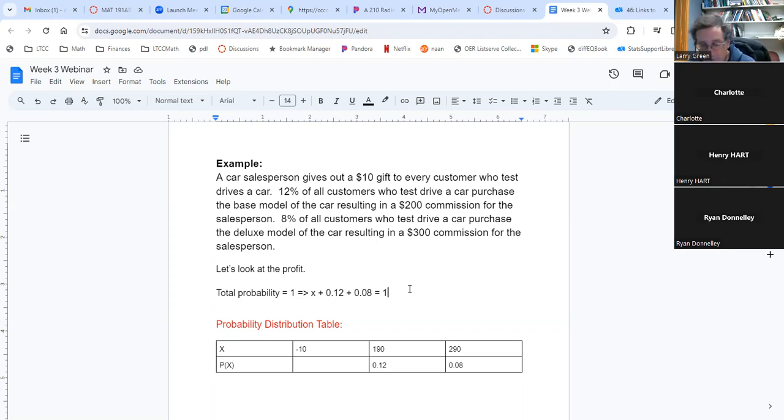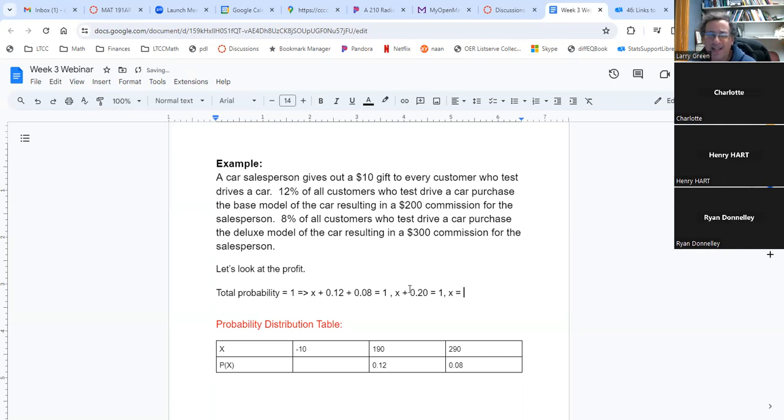Okay. It might help to add 0.12 and 0.08, and we get X plus 0.12 plus 0.08 is 0.20. I'll write it that way. Equals 1. And then we need to subtract 0.2 from both sides. And what do you get?